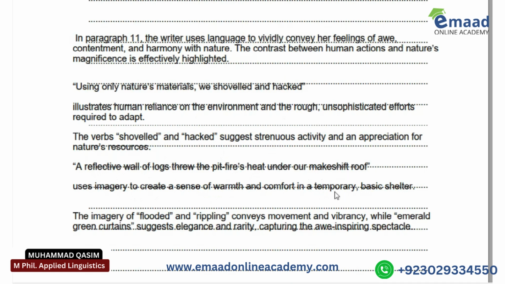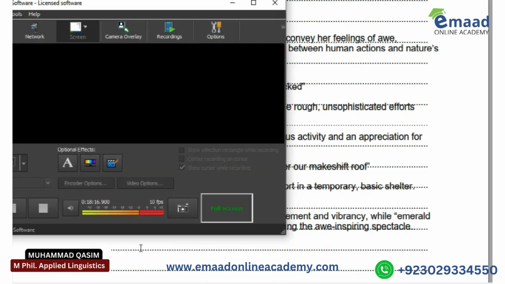So it's a temporary and basic shelter. The third thing that you can choose from paragraph 11 can be the imagery of flooded and rippling, which conveys movement and vibrancy, while emerald green curtains suggest elegance and rarity, capturing the awe-inspiring spectacle. So it can be like that.